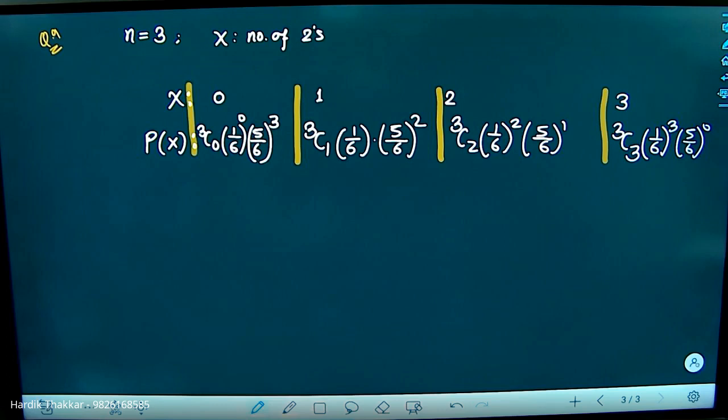ओके, 10, 11, 12, 13, 14 चेक करो एक बार जल्दी. Yes, Chevy, which question are you solving right now?